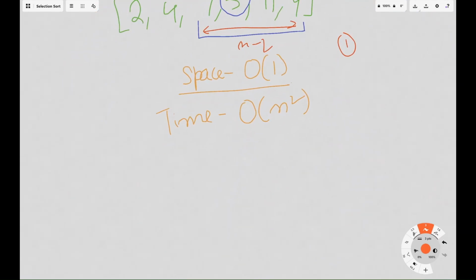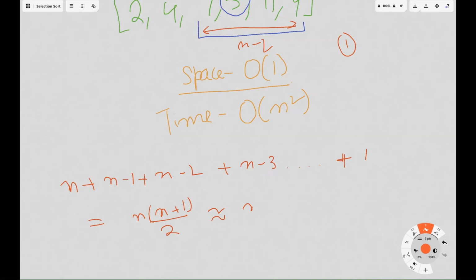So the total time complexity is n plus n minus 1 plus n minus 2 plus n minus 3 and so on to 1, which equals n times n plus 1 by 2, which is roughly n square. When n is very large, n square is much greater than n, so it will be O of n square.